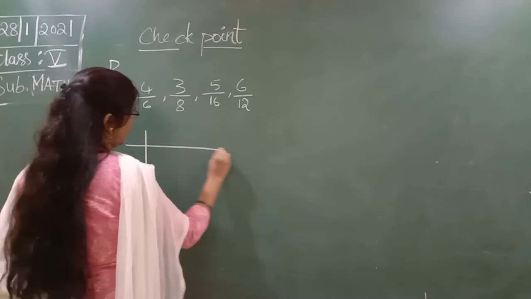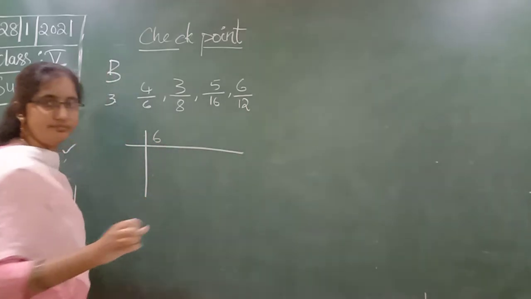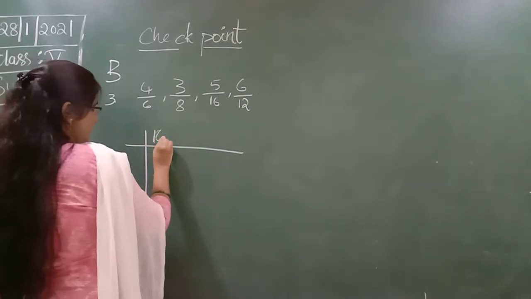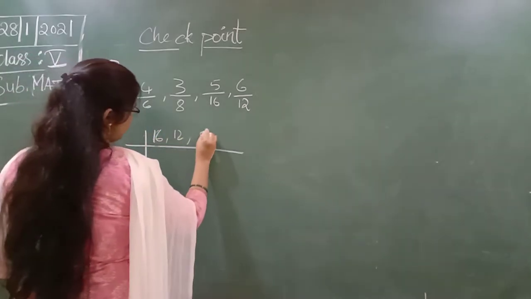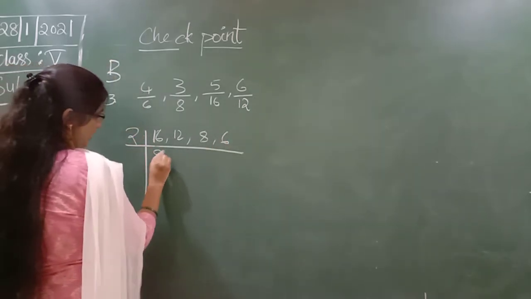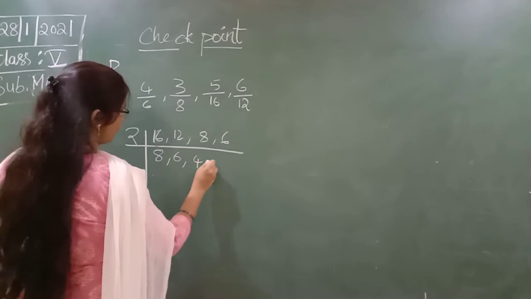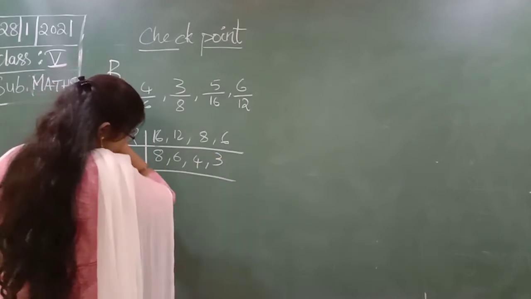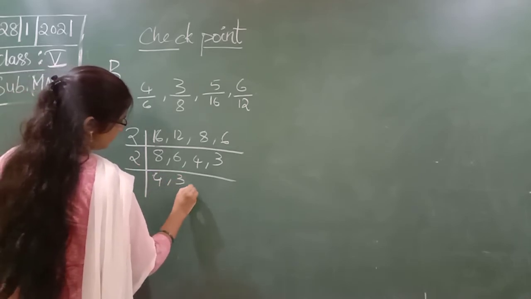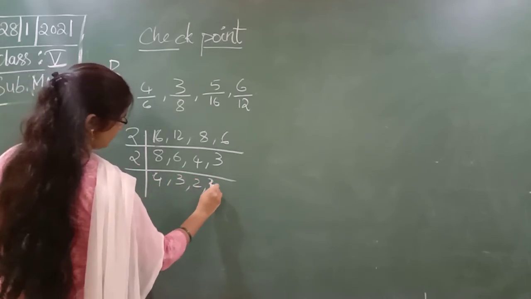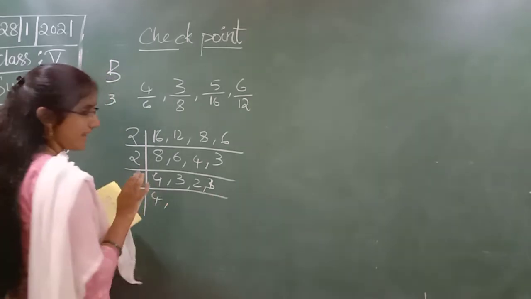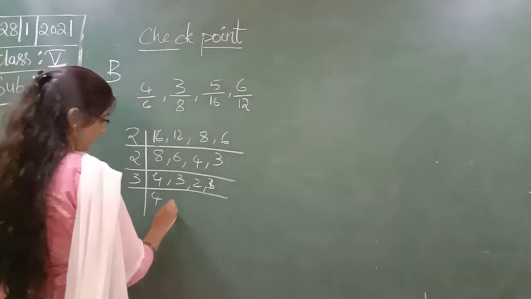LCM of the denominators 6, 16, 12, 8, 6. We'll take 2: 2 8s are 16, 2 6s are 12, 2 4s are 8, 2 3s are 6. Again take 2: 2 4s are 8, 2 3s are 6, 2 2s are 4, and 3 stays as it is when it is not a multiple of that number.